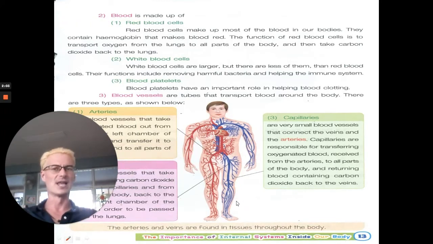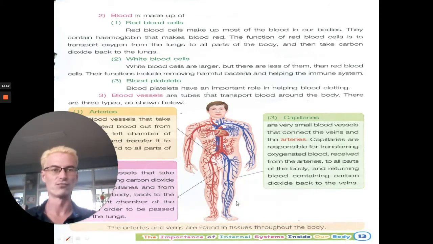So, what are red blood cells? Let's learn. Red blood cells make up most of the blood in our bodies. They contain hemoglobin that makes our blood red. Our blood is red because it has a lot of red blood cells.